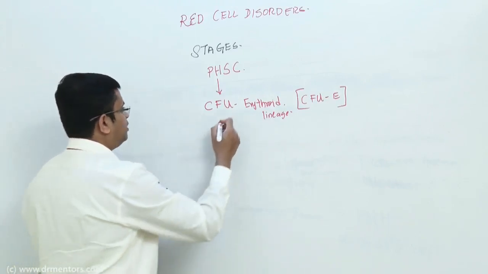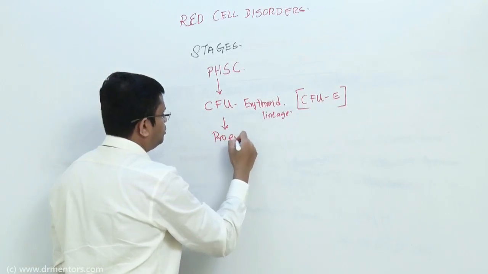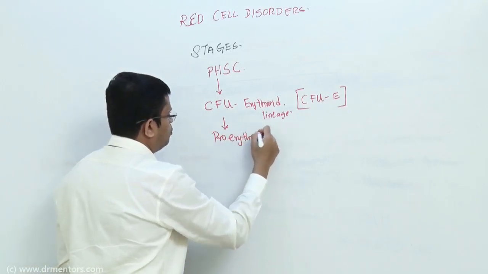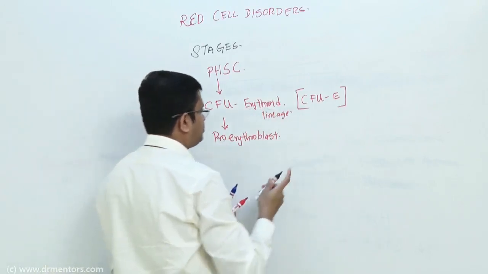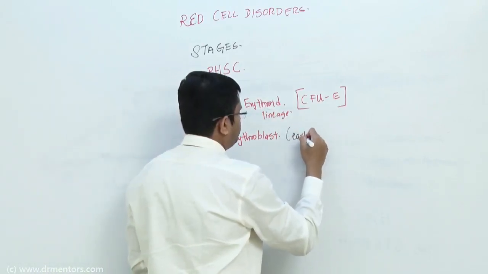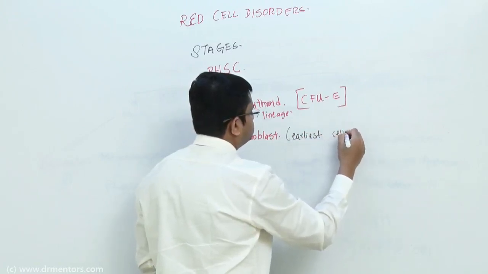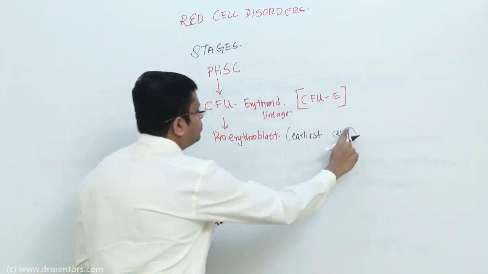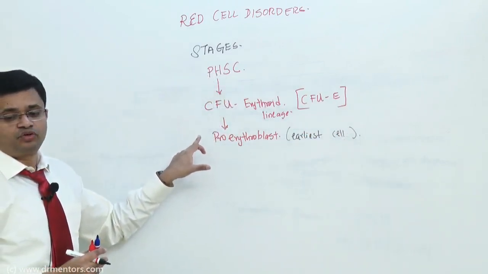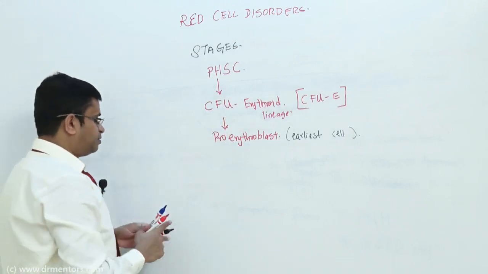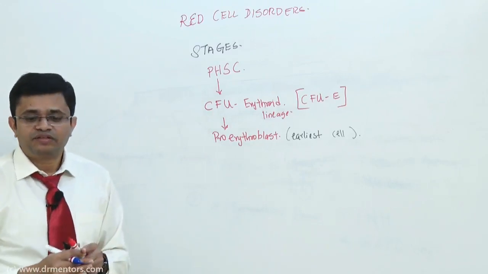The next stage is the proerythroblast. That's your earliest cell in the erythroid family, the proerythroblast. The proerythroblast will give rise to the subsequent cells. What are the subsequent cells?